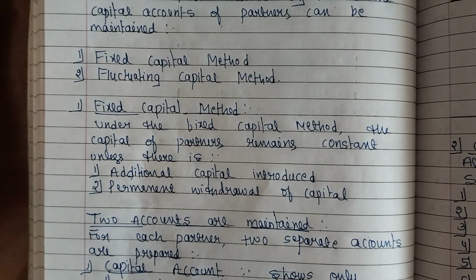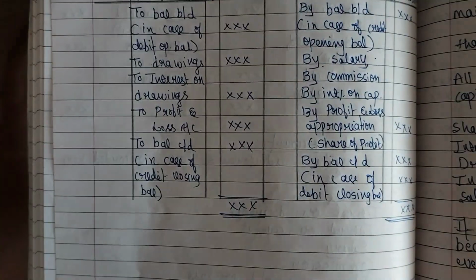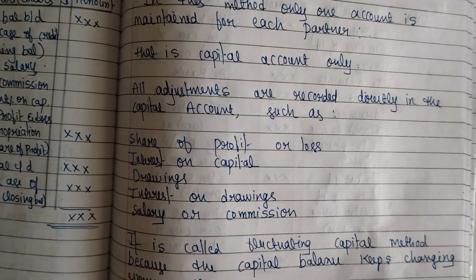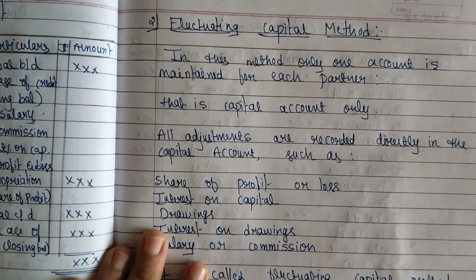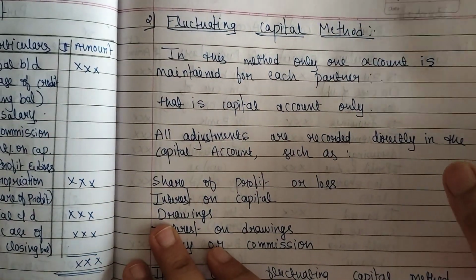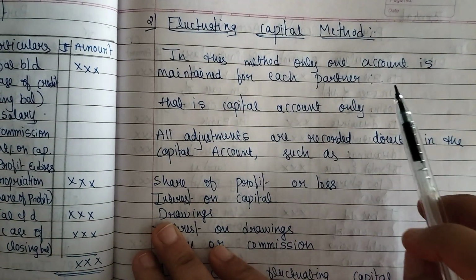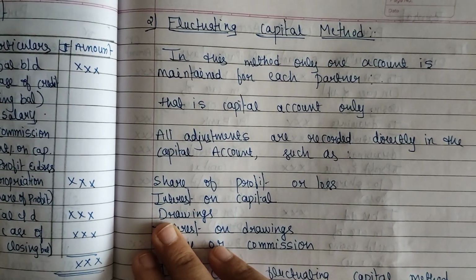Fixed capital method is clear, right? So next one, that is fluctuating capital method. As the name says, in this method only one account is maintained for each partner, that is the capital account only, clear.